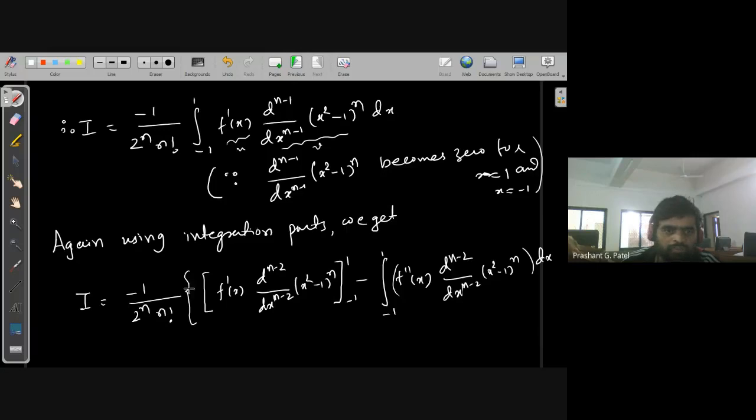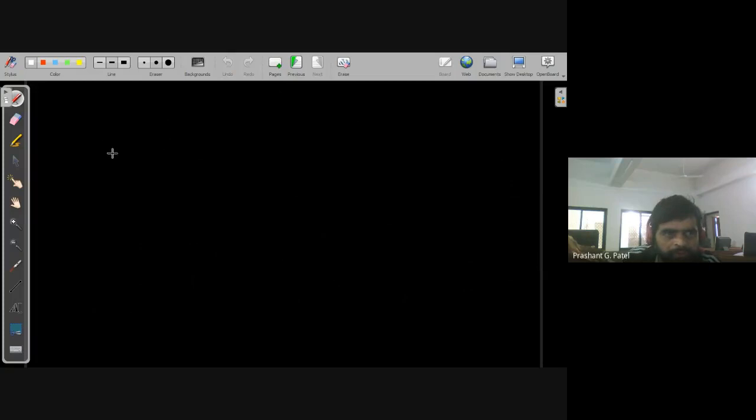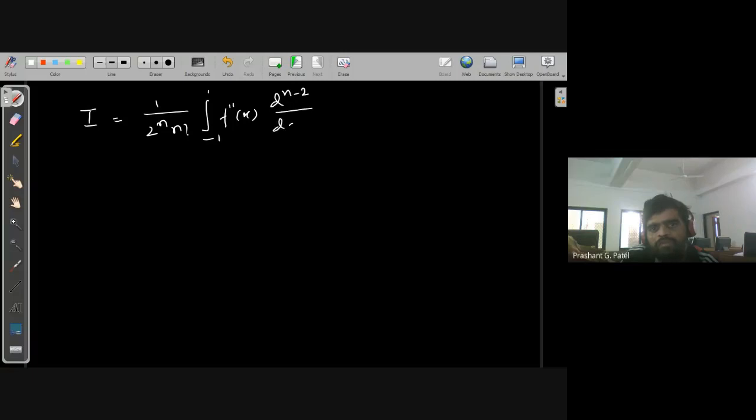So the quantity, this will become minus minus plus. So the quantity left is I is equal to 1 upon 2 power n into n factorial, integral from minus 1 to 1 f double dash of x, the n minus 2th derivative of x square minus 1 raised to n dx.